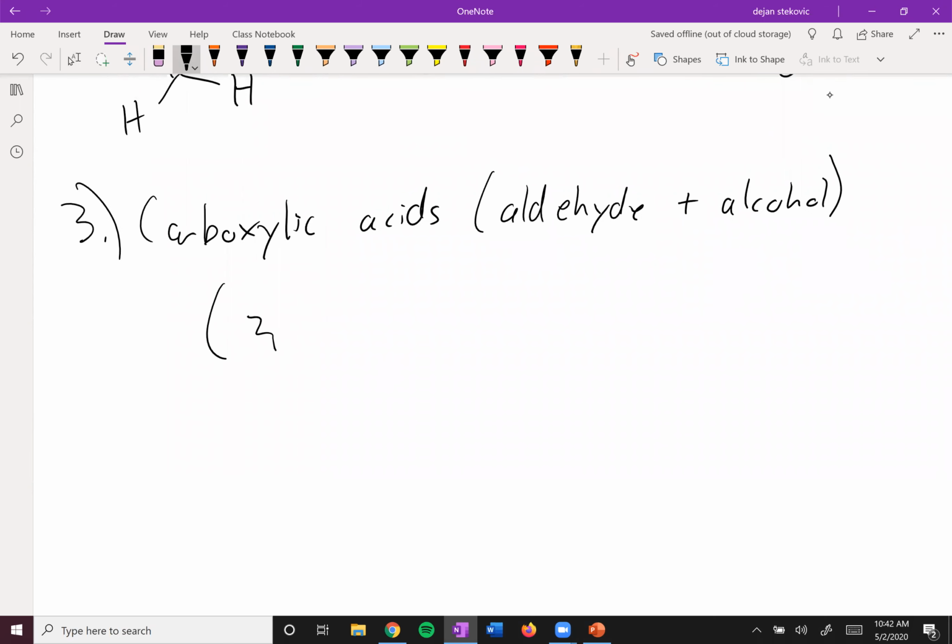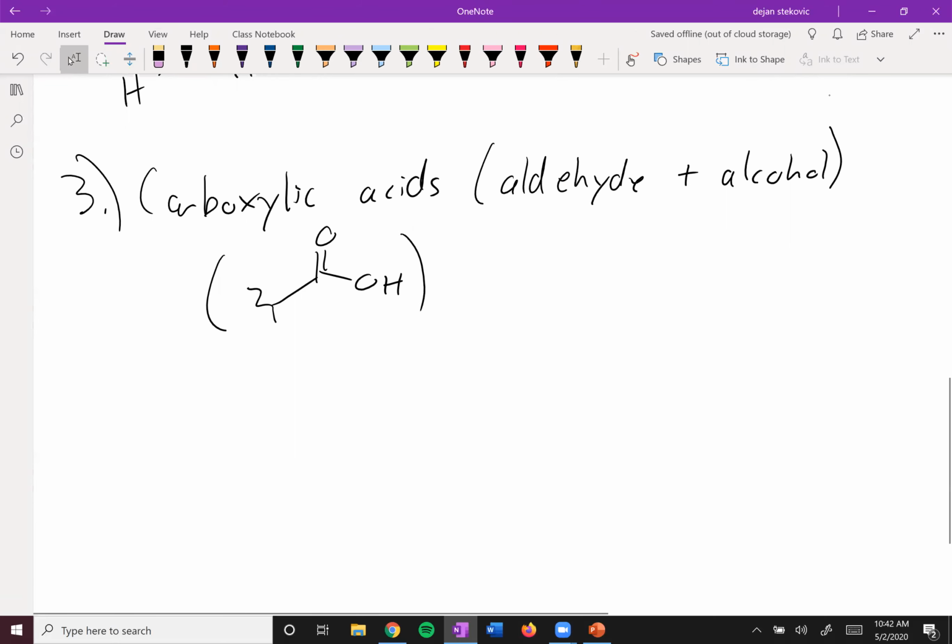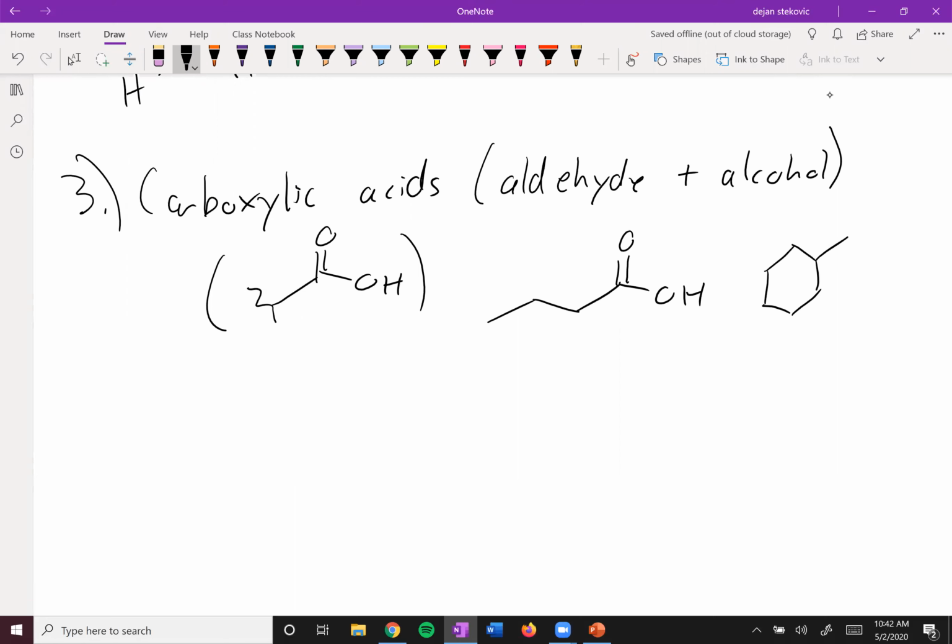So it looks something like this, right? You have some kind of carbon doubly bound to an oxygen and then singly bound to an OH. And so you can draw all kinds of different structures that you want. Right, you can get real creative with this stuff.